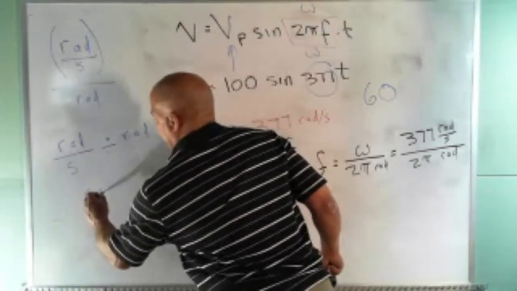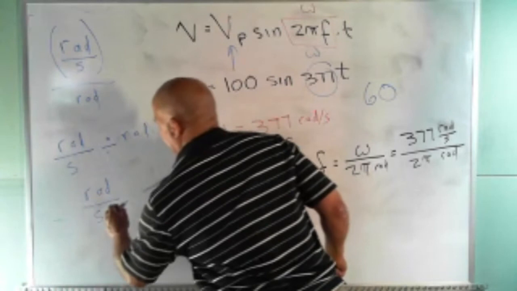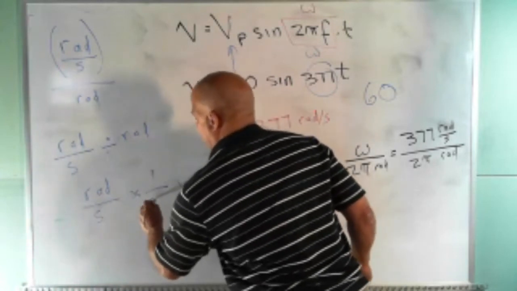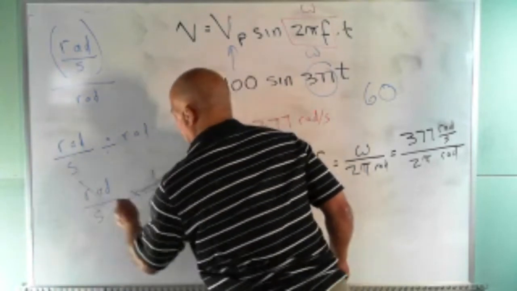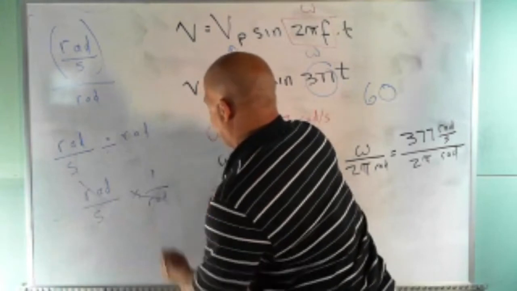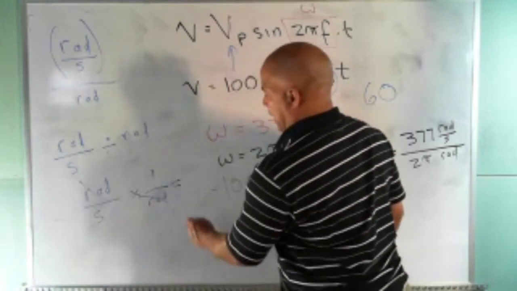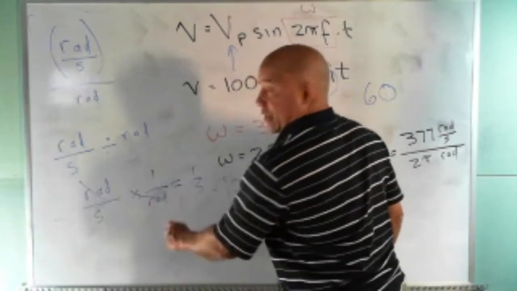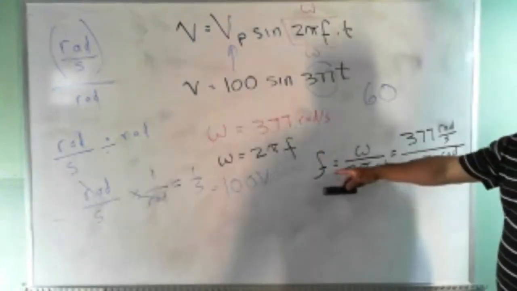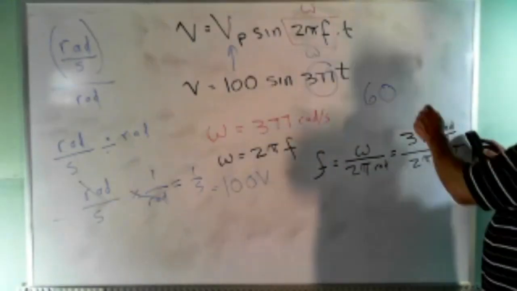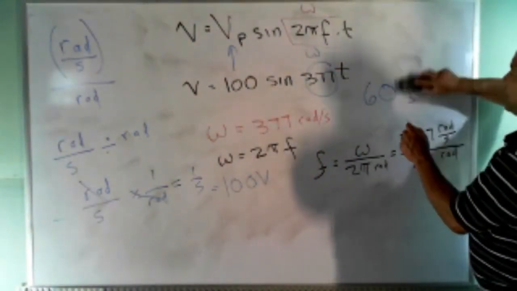That's radians per second times 1 over radians. The radians go away. And what I'm going to get when I do that is 1 over seconds. Well, remember we said a frequency is inverse seconds? So this is 60, 1 over s, or 60 hertz.